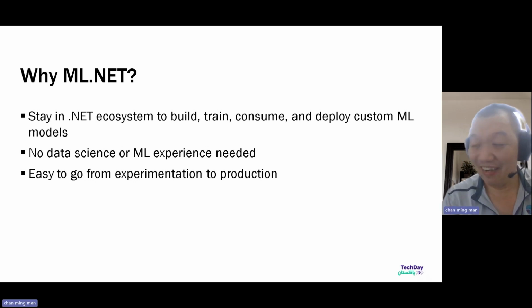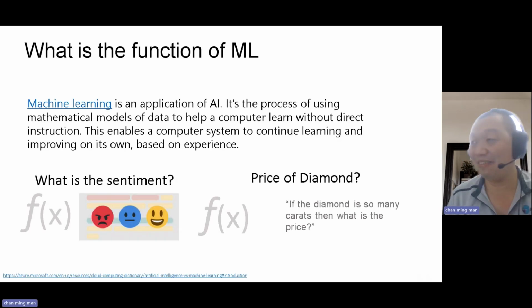Okay, what is the function of ML? A lot of people talk about ML. It's actually a chicken and egg kind of thing. You need ML in order to do AI. I don't think you can do AI without ML. ML is just a subset of AI where you need to train, you need to have data to answer your own question. An LLM is a model, it's actually machine learning.